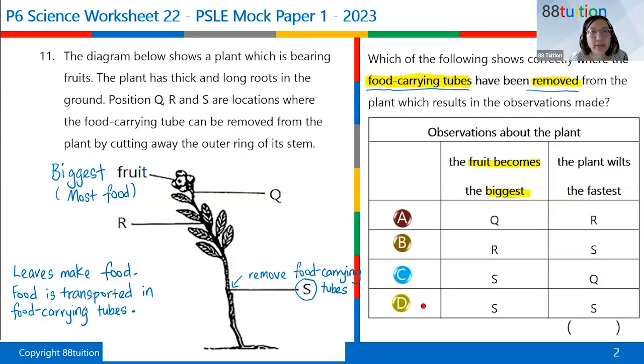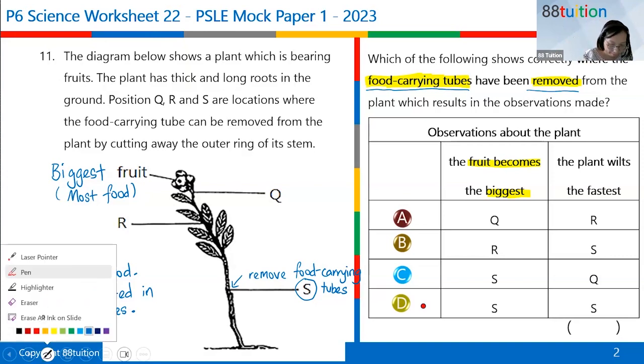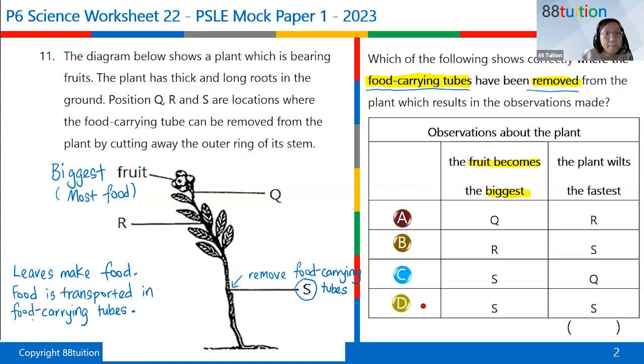Can you type into the chat? How does the food get transported? Is it just up, or just down, or up and down? Okay, so most of you got the correct answer, but at least 2 of you have gotten the wrong answer.